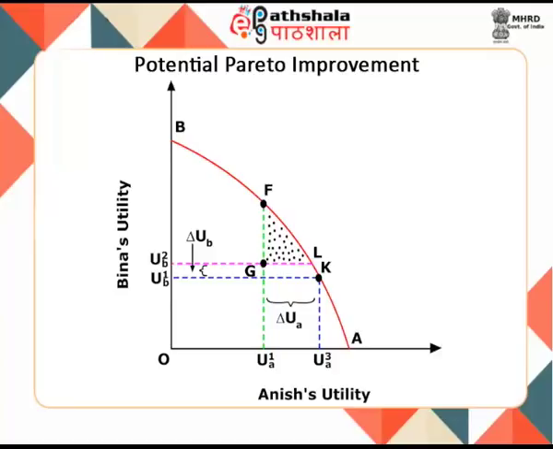Bina may accept only if she is being compensated by Anish, and that compensation should be able to offset her loss of utility while shifting from point G to K. This compensation is possible only through market goods, as environmental goods can't be exchanged between two consumers.